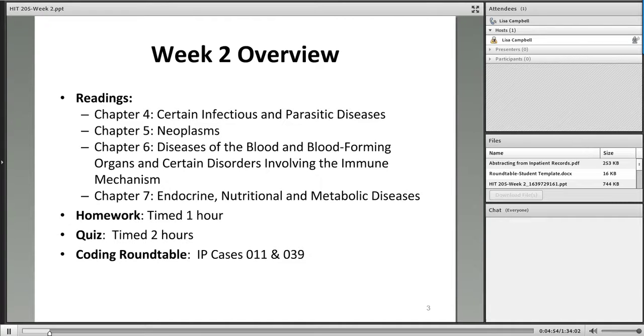As I mentioned last week, we are really caught in a situation where the industry has converted over to ICD-10, and the book publishers were continuing to publish ICD-9 and ICD-10 in a book together because we weren't really sure when we were going to convert over.